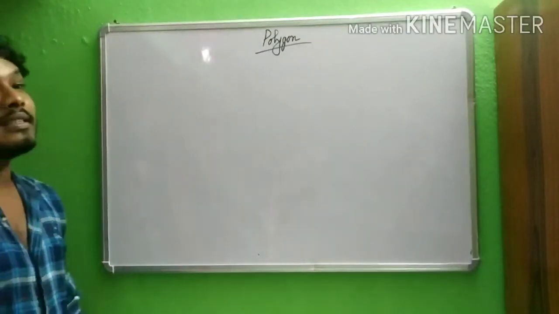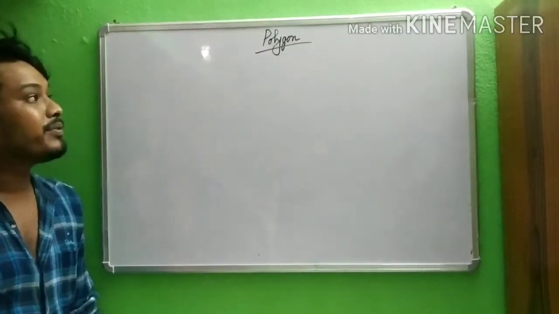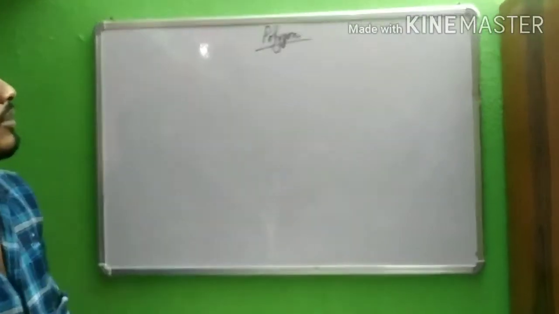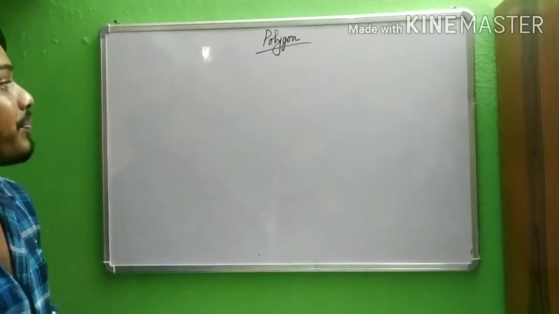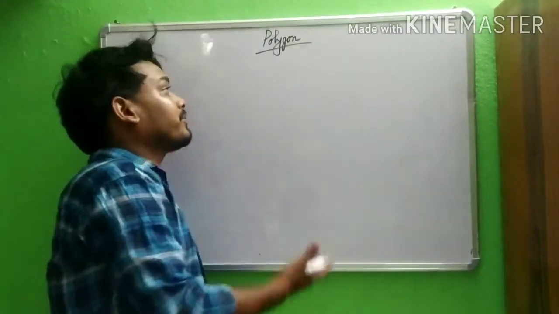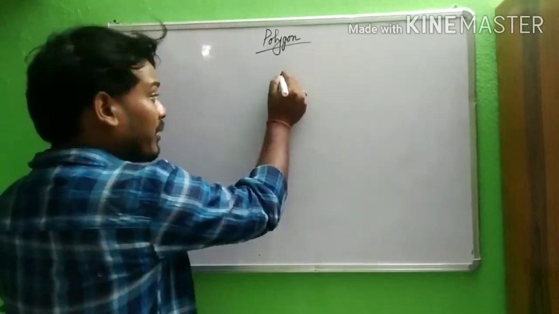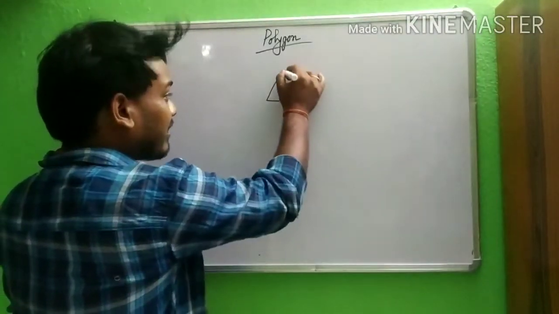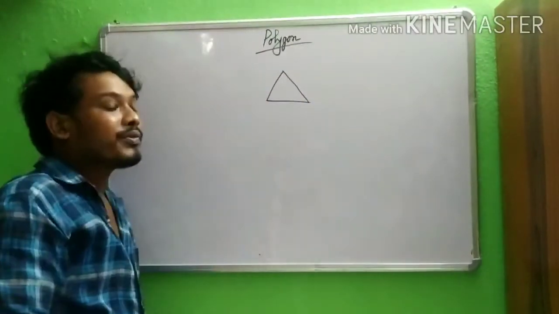A polygon is a simple closed curve made up only of line segments. So it is a closed figure, and we need at least 3 sides to make a closed figure by line segments.